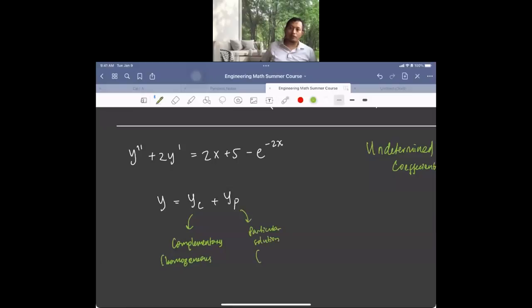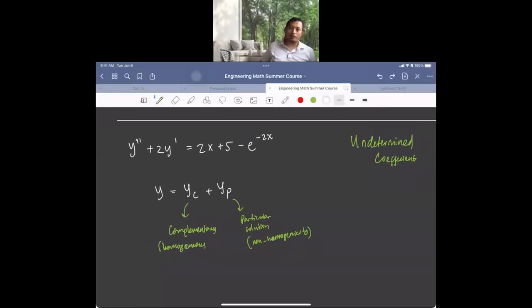And this is the particular solution, which is from the non-homogeneity. We cannot say that this is the non-homogeneous solution, because the non-homogeneous equation is this one. We just say that the complete solution will have the homogeneous part and the particular solution. Okay.